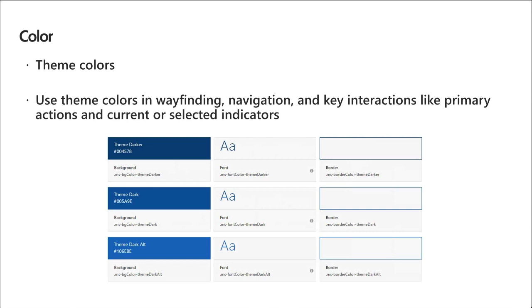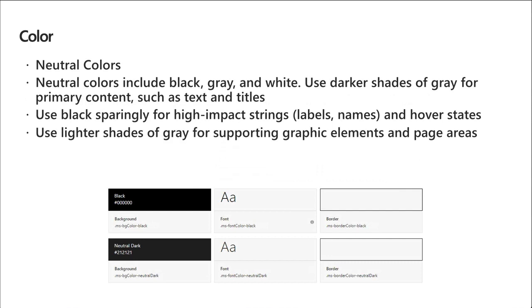So the colors that the Office UI Fabric gives us are the different theme colors, and it provides a way for doing things like wayfinding and navigation. It also has key indications or interactions like primary actions and current or selected indicators. The neutral colors include things like black, gray, and different shades of gray, and white.